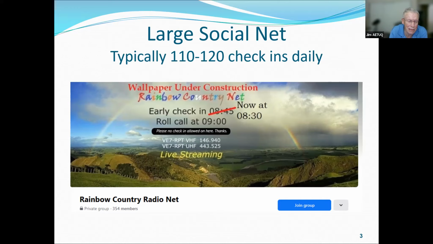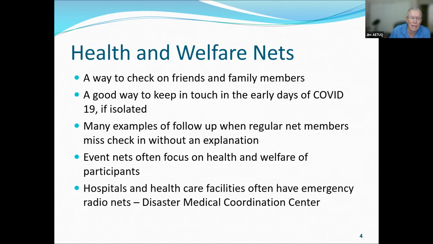So this is an example of a very big net, very popular. It started in 1981 and it's been running ever since. So we participate in this net here, my wife and I, and it's a good experience. There are some other aspects of nets that we'll talk about in a minute here.